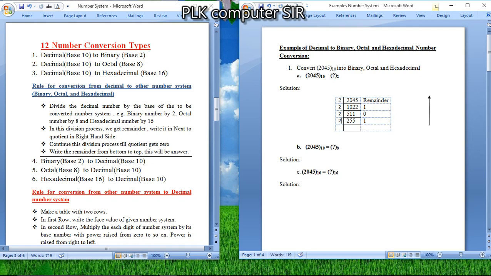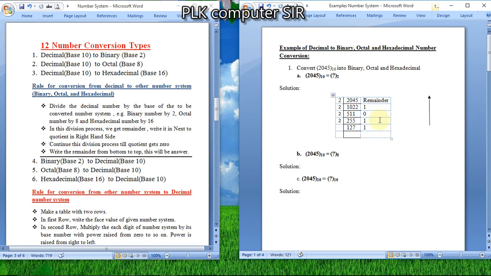Now 255 is again divided by 2. We will get 127.5. To get the remainder, we have to do 255 minus 2 into 127, the answer will come 1. No need to write this one; we don't need this.